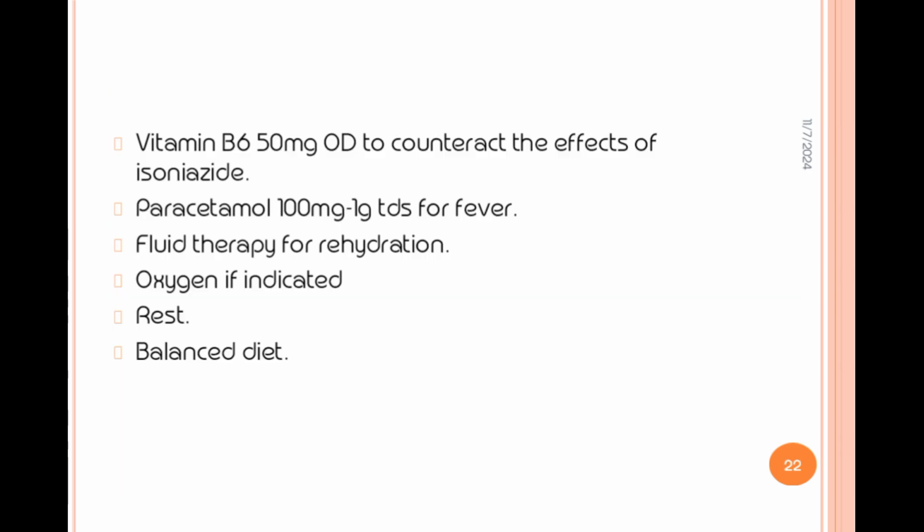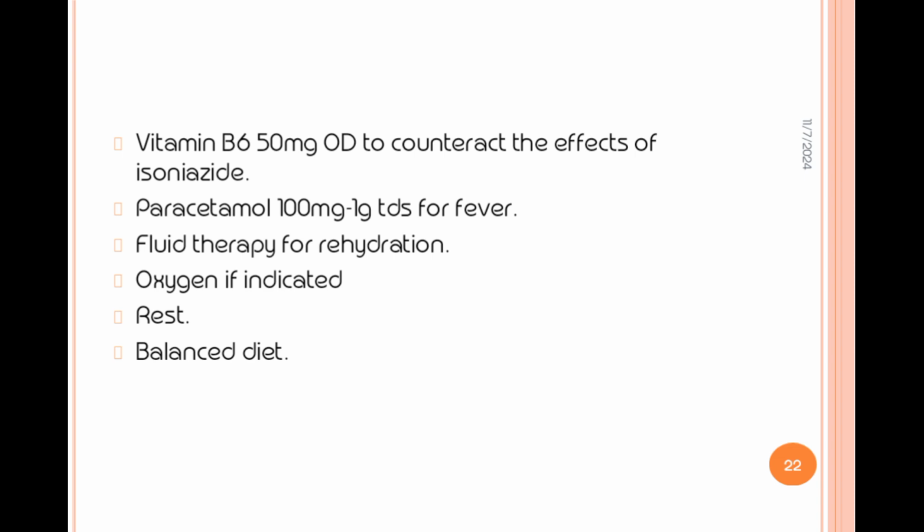The other supportive drugs that you can give include vitamin B6, 50 milligrams OD, to counteract the effect of isoniazid. So look at the side effects of these FDCs or anti-tuberculosis drugs. Most importantly, also add painkillers because of the chest pain that is there.